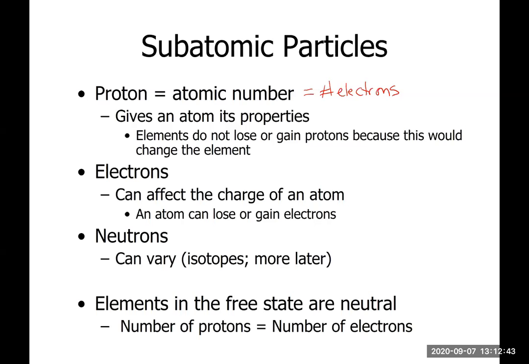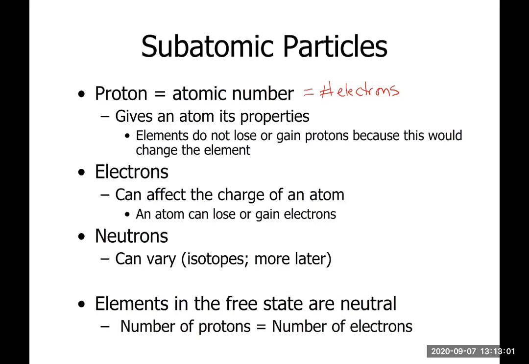Protons give an atom its properties, its chemical properties, and elements don't lose or gain protons because this changes the elements. The only time you see elements losing or gaining protons is in nuclear chemistry. And we don't discuss nuclear chemistry in this course per se.